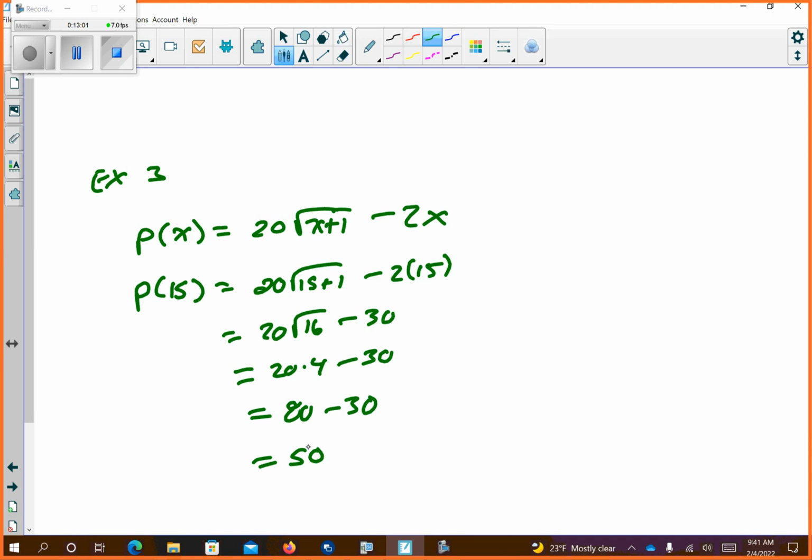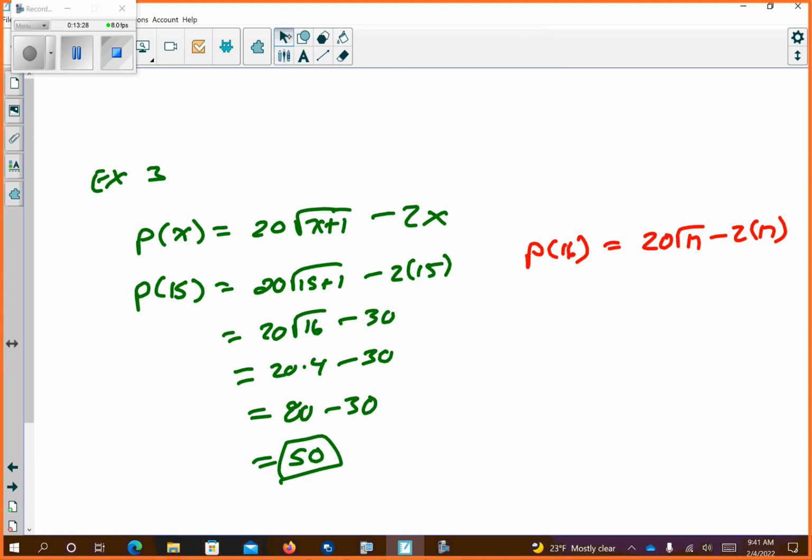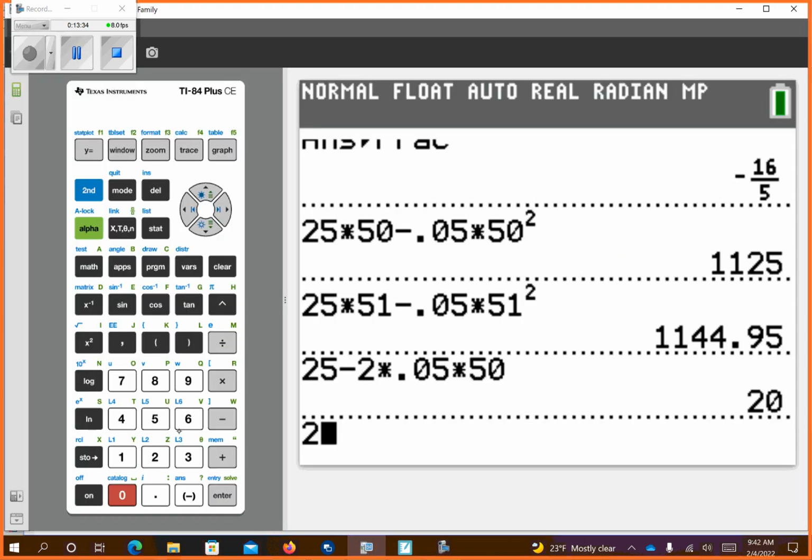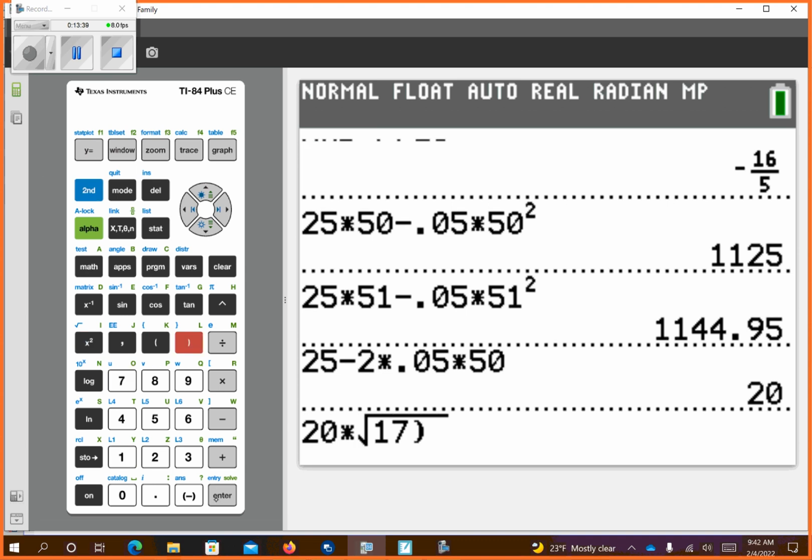Okay, so that would be our marginal profit in this case, where the minus 2x might be accounting for certain taxes and things like that. If you were to find the difference between P of 16 and P of 15, there's definitely a slope that takes place. So if I found P of 16, and I use this, I'd get 20 root 17 minus 2 times 17. This is definitely something for a calculator. Go here, go here. So 20 root 17, close parentheses, enter.